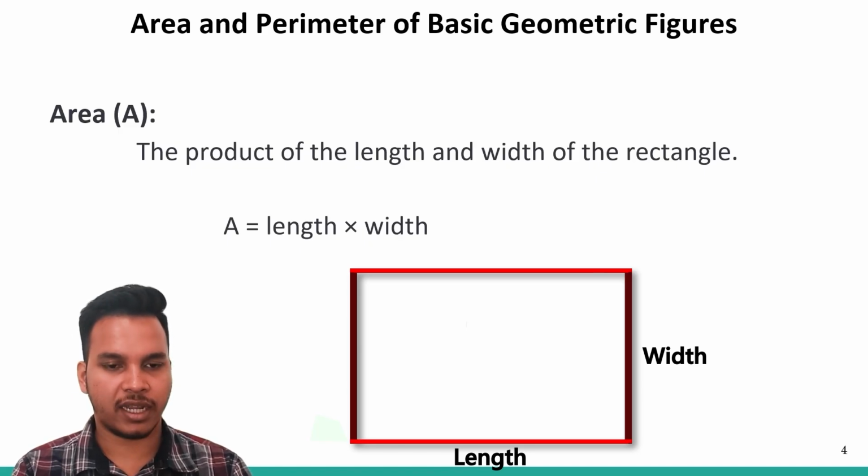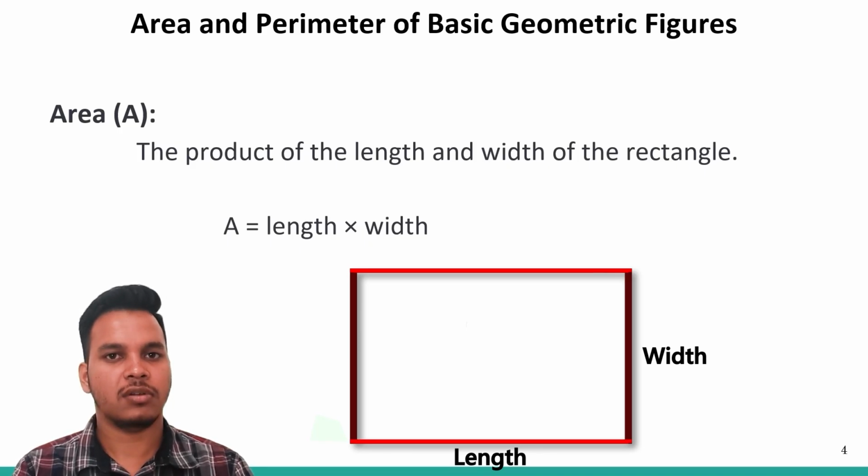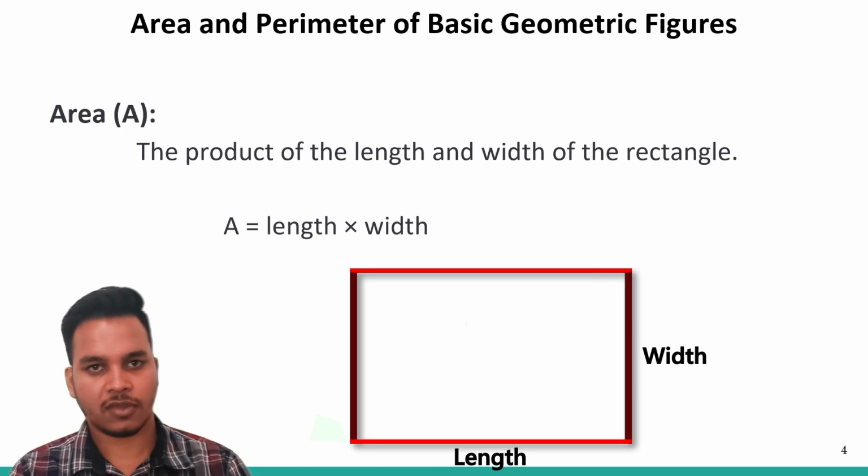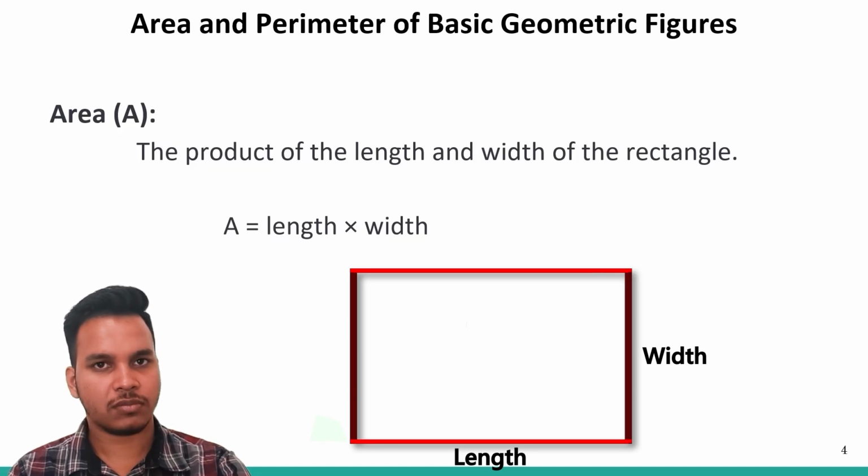If your rectangle is like this, its area will be equal to length into width, these 2 things multiplied. Okay, so let's see what a diagonal of a rectangle will be.